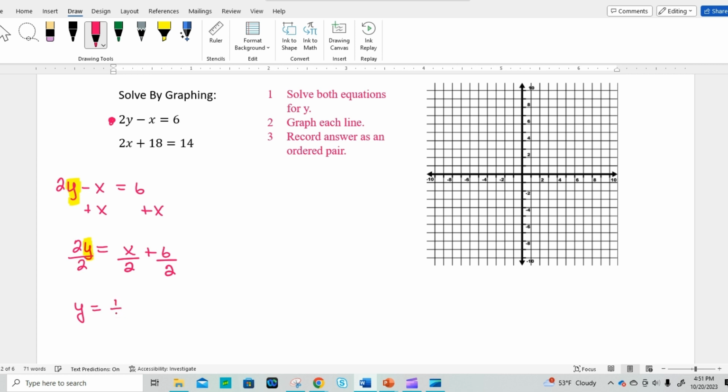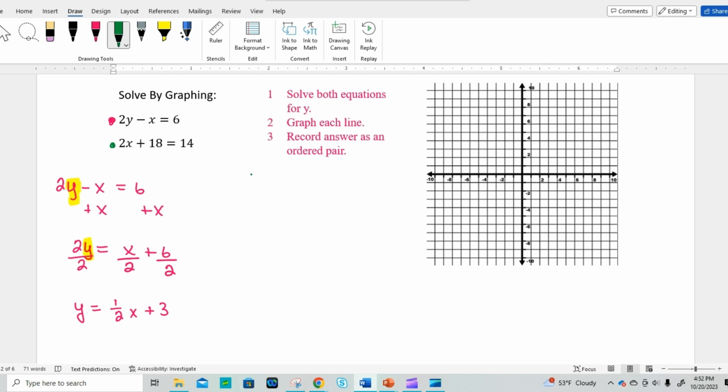I think when I write this out, I would prefer to see the 1/2 x, just because it looks more familiar. And then 1/2 x plus 3. Okay, well that one wasn't really very different, except for the x over 2 and knowing that that's 1/2 x. Let's try the next one.